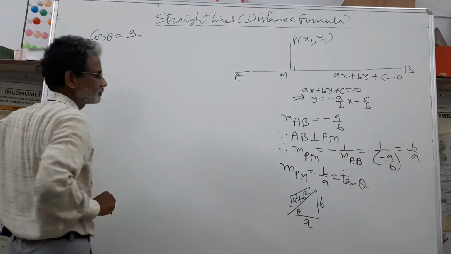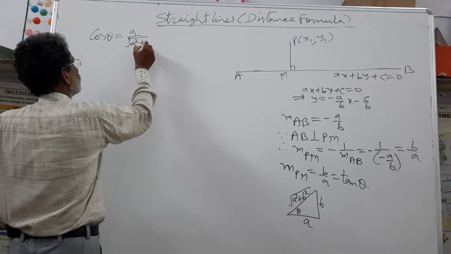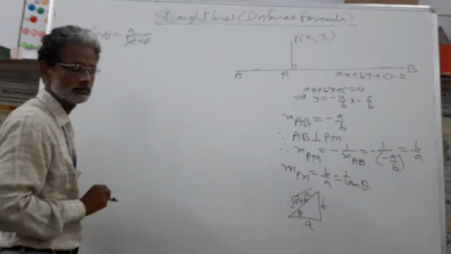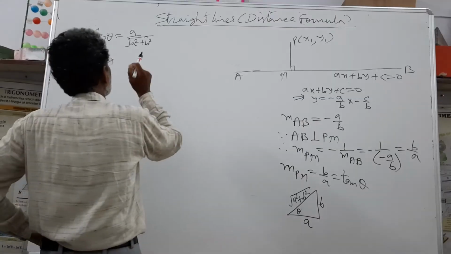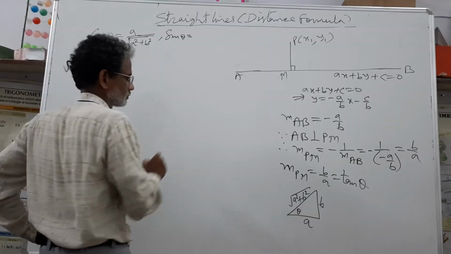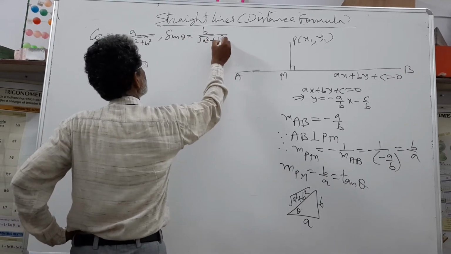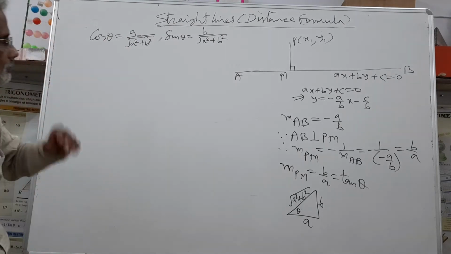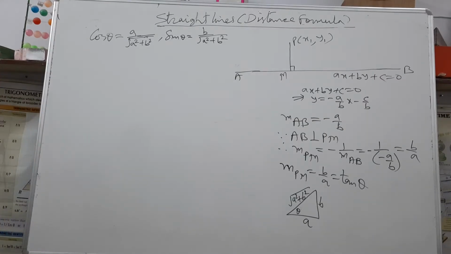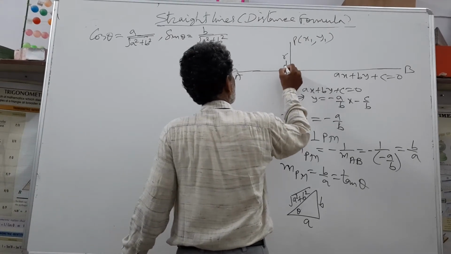A upon under root A square plus B square, and sin theta is equal to B upon under root A square plus B square. Let the distance PM be r.